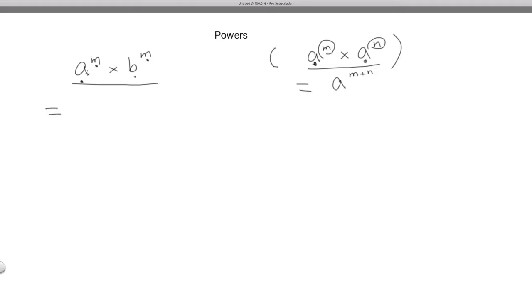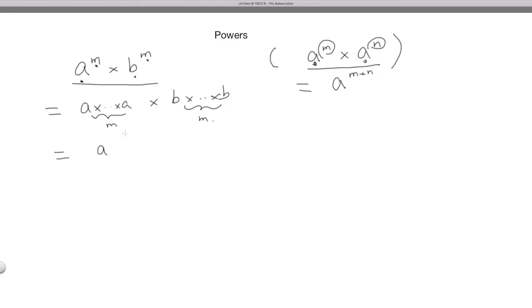Now let's look at how this is going to work. Again, a to the power m equals a times a, with m a's multiplied together. And b to the power m is again the same, b times b, with m b's multiplied together. Remember that for multiplication, you can change the order due to the commutative law for multiplication.